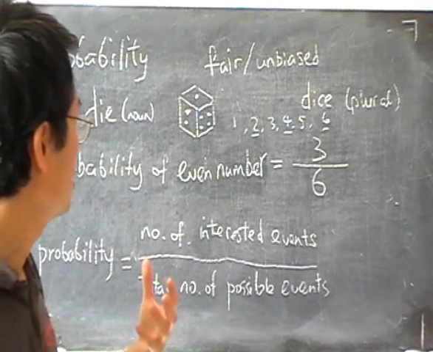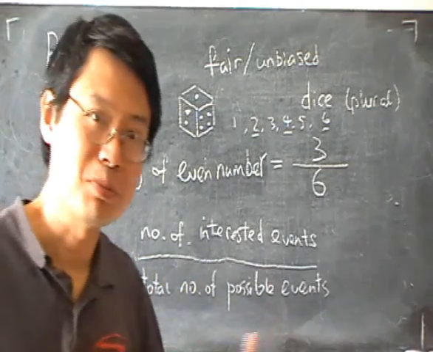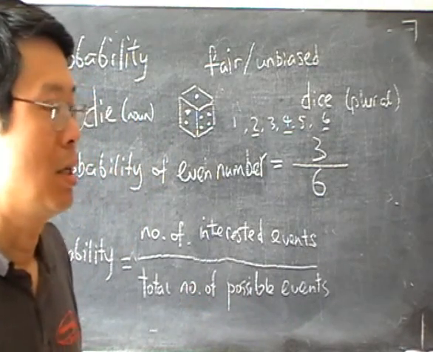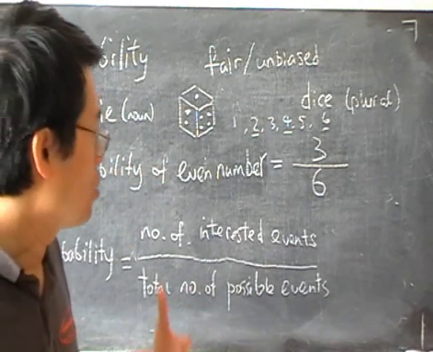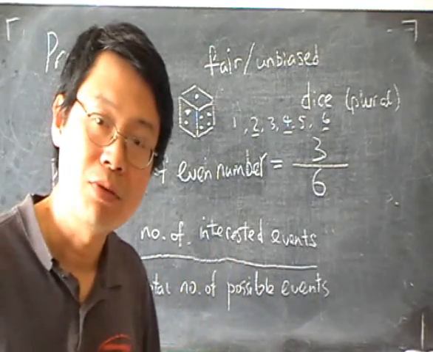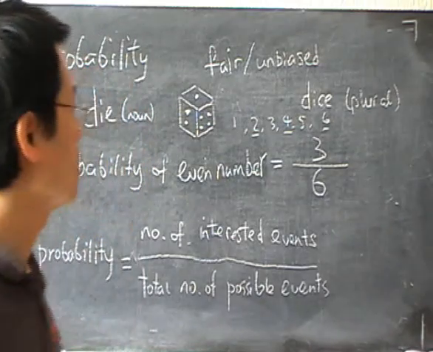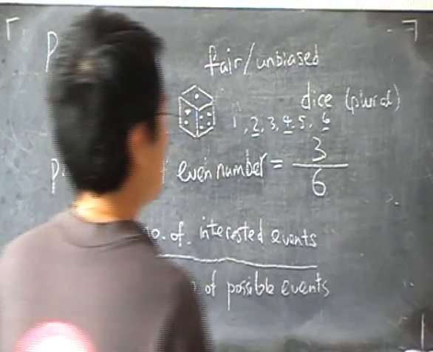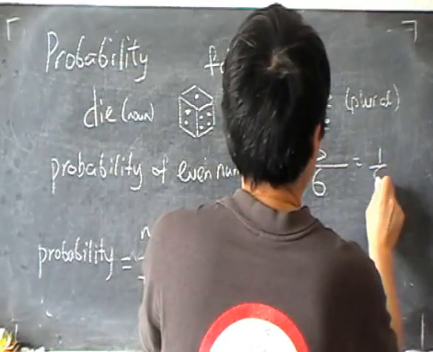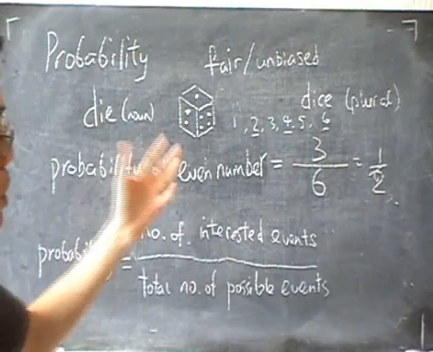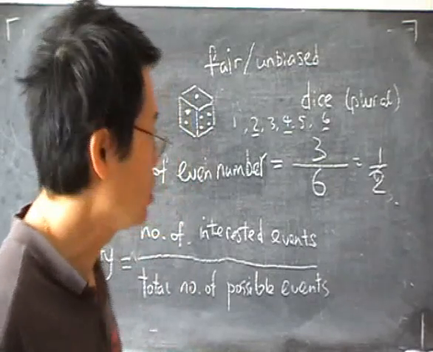Okay, and because it's equally likely, you might just say, or maybe not in such a mathematical way, that when you toss a die, you would get an even number half the time. Because 3 over 6 is half. But you don't have to do this calculation or use this formula to know that.